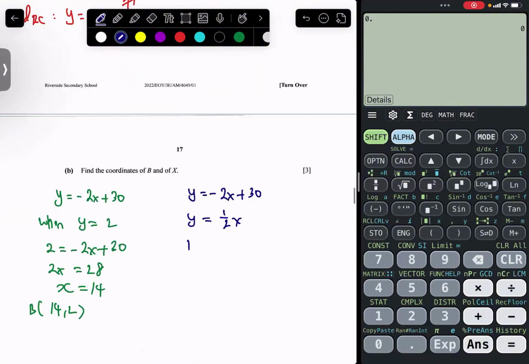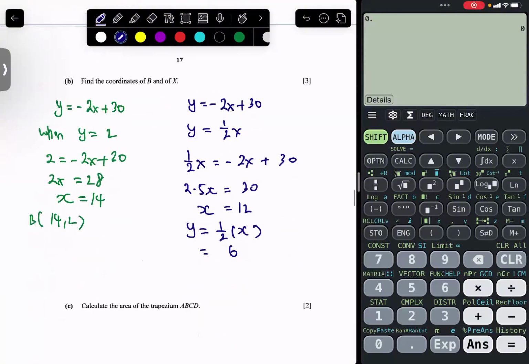So you want half x to be equal to negative 2x plus 30. So 2.5x equals 30, x equals 12. So y will be equal to half of x, half of 12, which is 6. So therefore, X is the coordinate (12, 6).